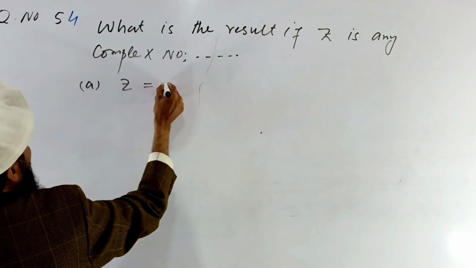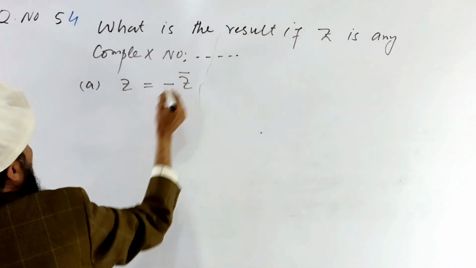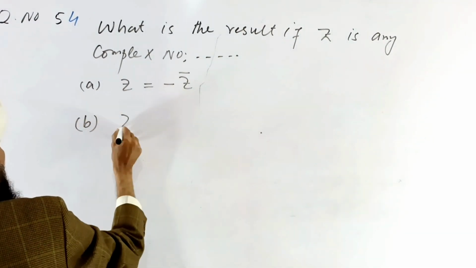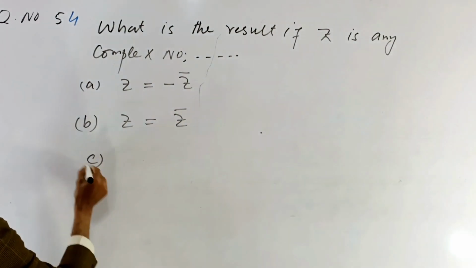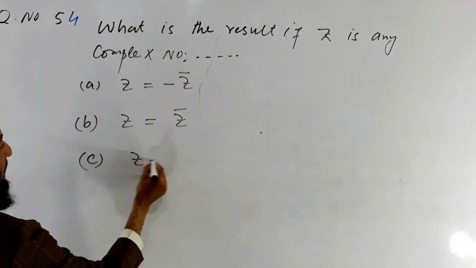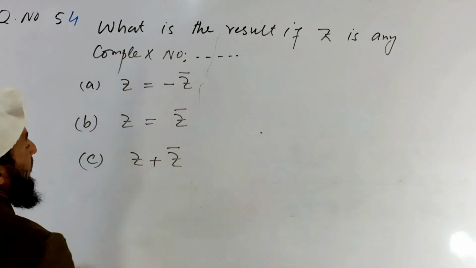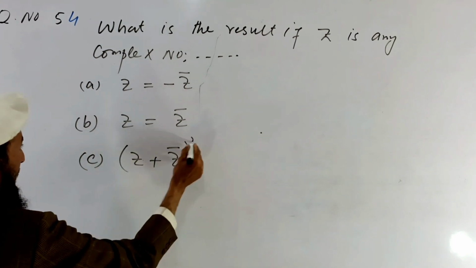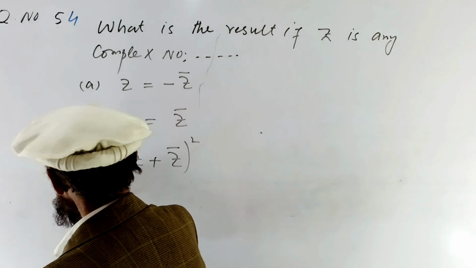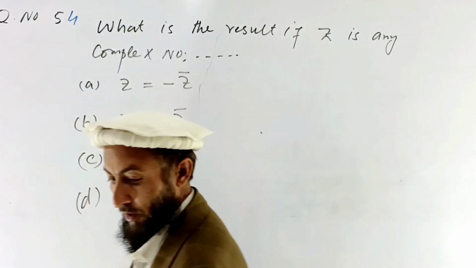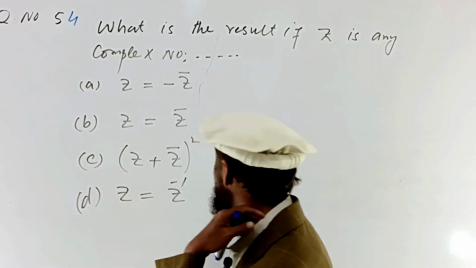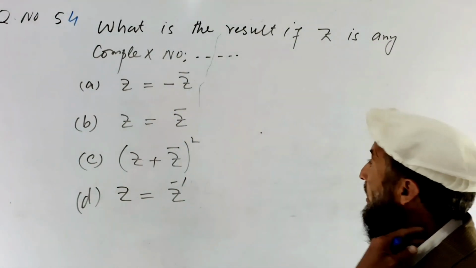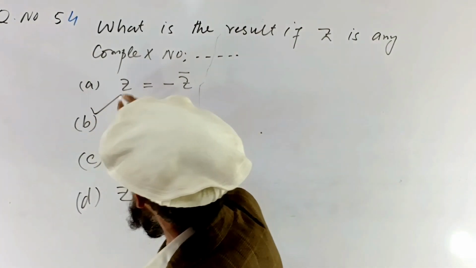A) z is equal to minus z, B) z is equal to z bar, C) z is equal to z plus z bar whole square, and D) z is z minus 1. So the correct answer is B.